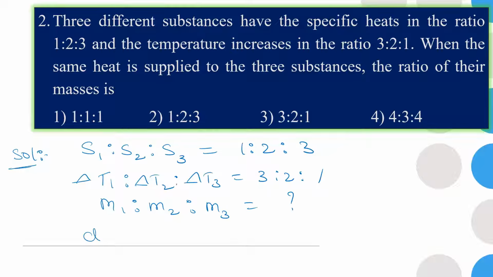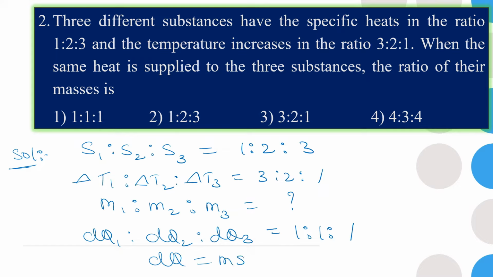So dQ1 is to dQ2 is to dQ3, same heat is supplied, so that is 1:1:1. So dQ is equal to ms delta T.